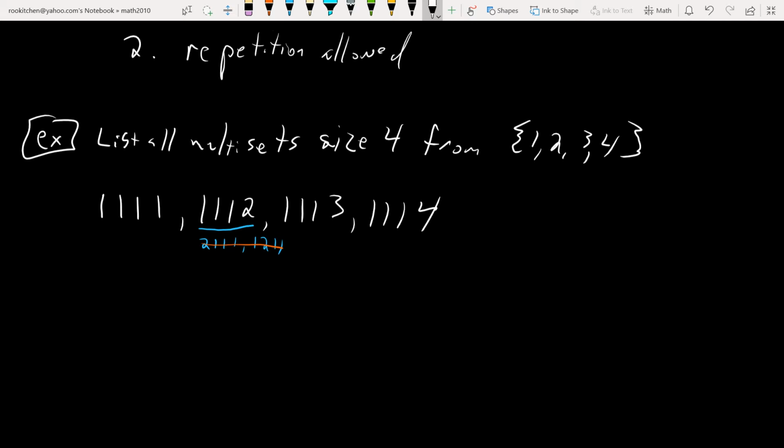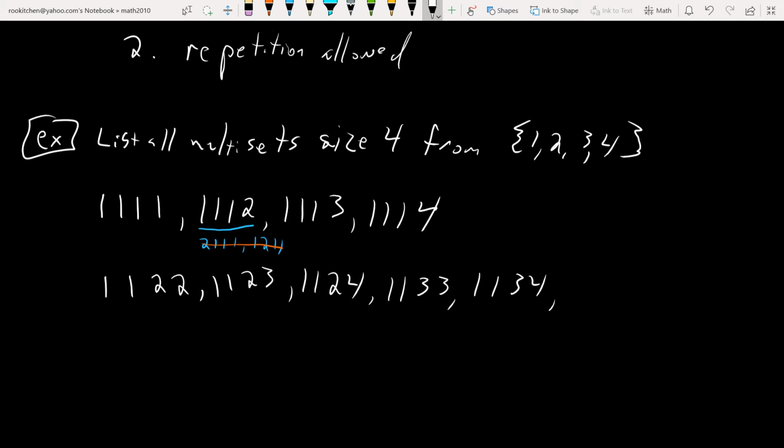So I could say, let's now look at all of the ones where there's just 2 ones. So 1, 1, and then we can have 2, 2, 1, 1, 2, 3, and then 1, 1, 2, 4, and then 1, 1, 3, 3, and then 1, 1, 3, 4, and then 1, 1, 4, 4.